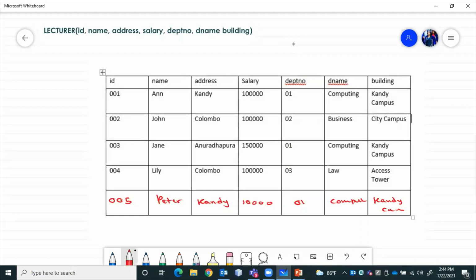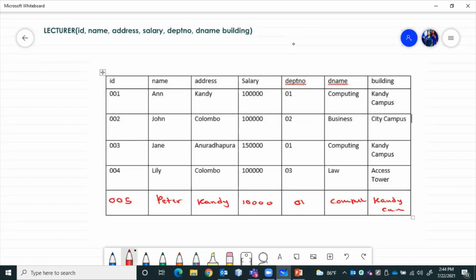So when we are inserting rows or tuples into this table, the same type of data is going to be redundant. 01, 01, 01. The department number is redundant now, and not only the number, but the name and the building too. So data redundancy is there.